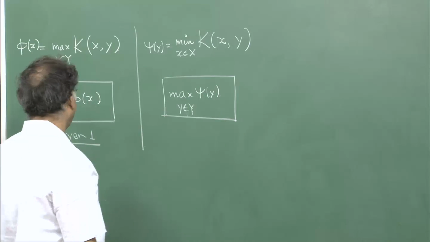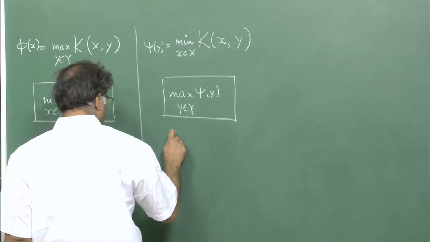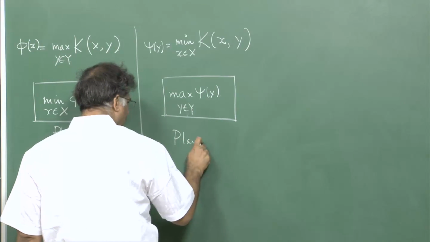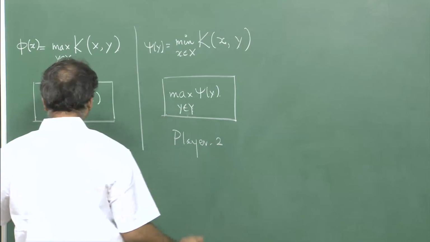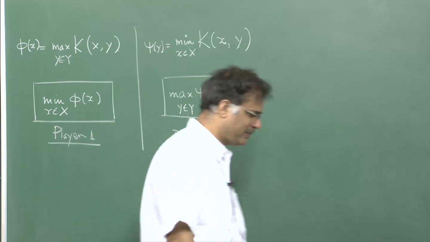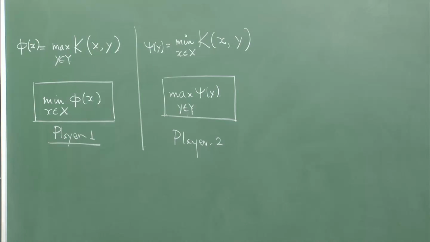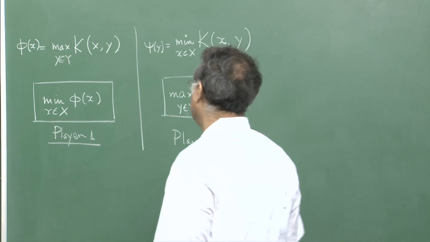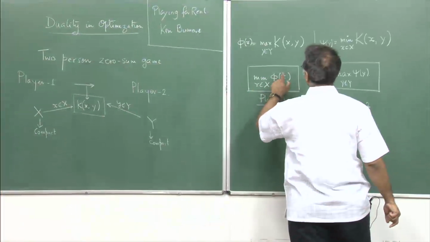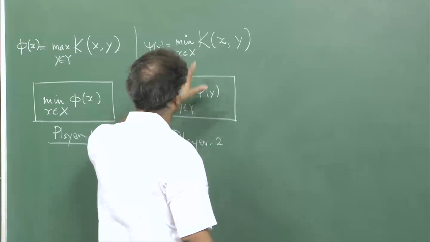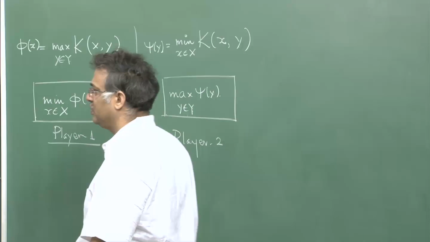This is player 2's problem. As player 1 is solving a minimization problem, player 2 solves this maximization problem. Technically, you can write this whole problem as min of max of this, and this as max of min of this. Of course, you can do that.